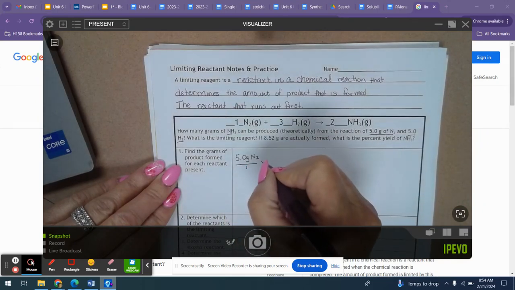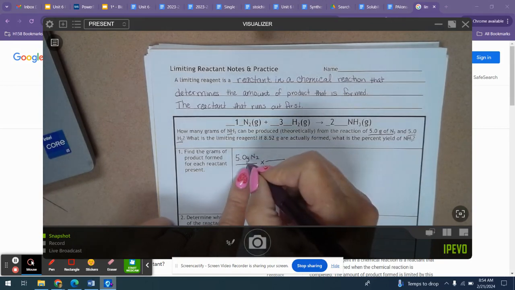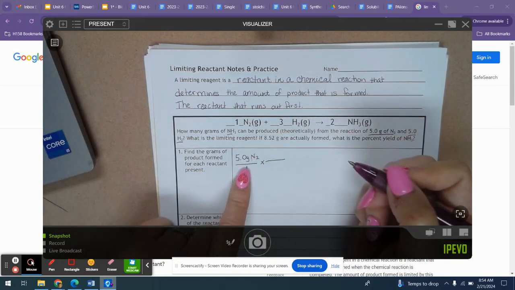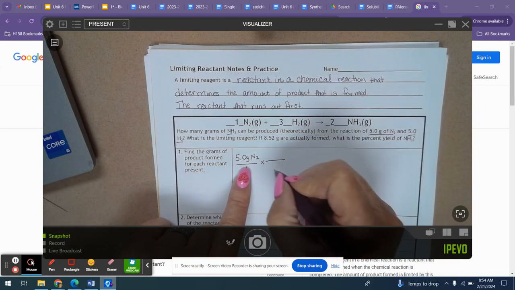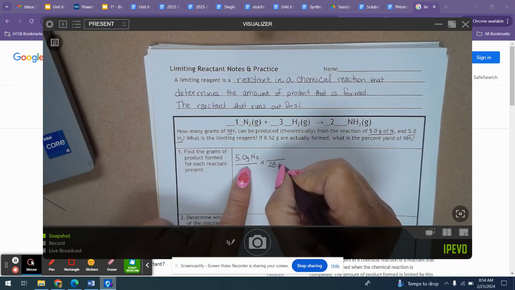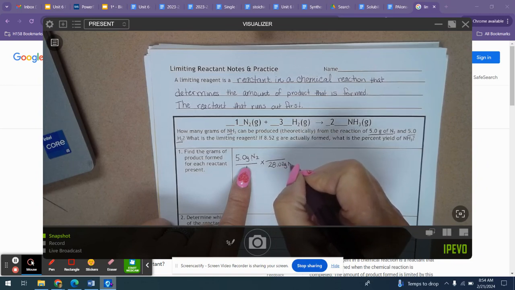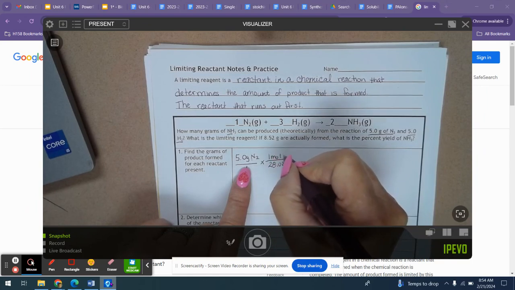In the first step, I need to convert grams of nitrogen to moles of nitrogen using the molar mass. We have 2 nitrogen, so that's 28.02 grams of N2, and that is equal to 1 mole of N2. So that's the molar mass.